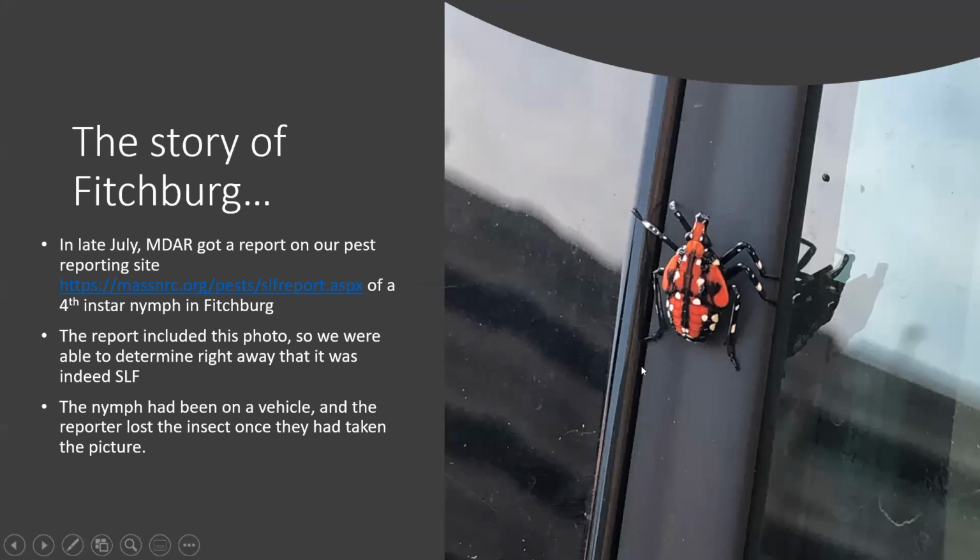This was a 4th instar, and this is the actual photo that got sent in. We were able to determine right away that it was indeed SLF, a 4th instar. It was on a vehicle, and the reporter took the picture and then was looking up what it was, and when they looked back, they had lost it. But they got the picture, and that's the most important part.